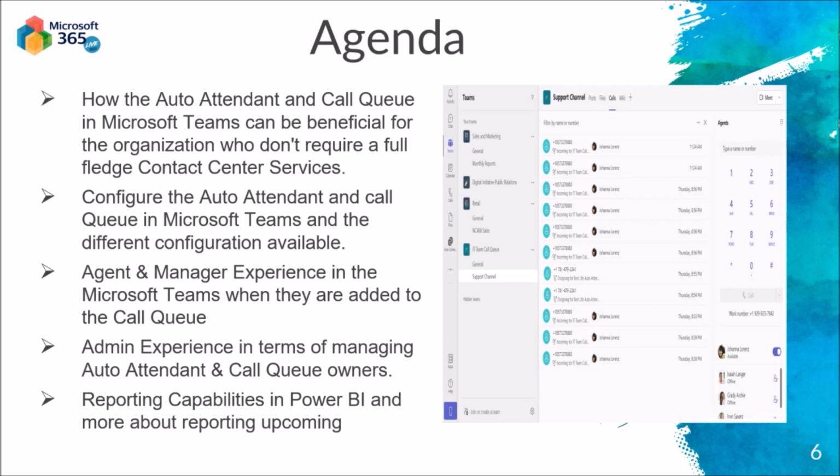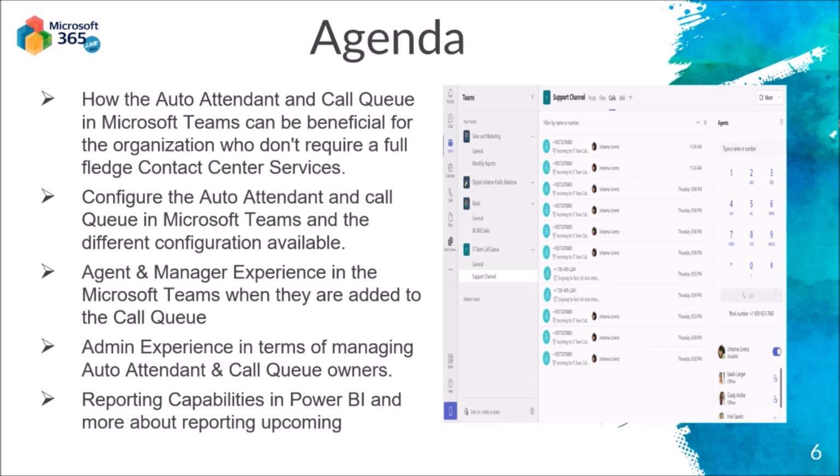We'll also have a quick view of how the experience would look for a manager when they are added into a call queue experience as a complete team. We'll also look at the admin experience from the Teams administrative point of view, how the administrators would manage the whole configuration of the contact center.